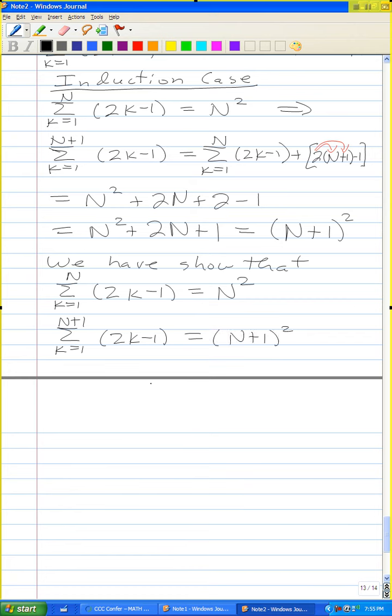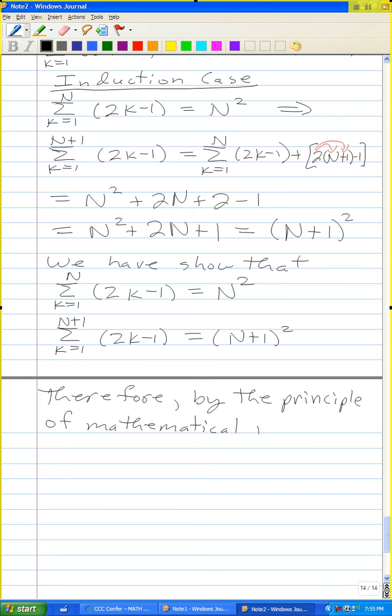So, by the principle of mathematical induction, this formula works for every n.